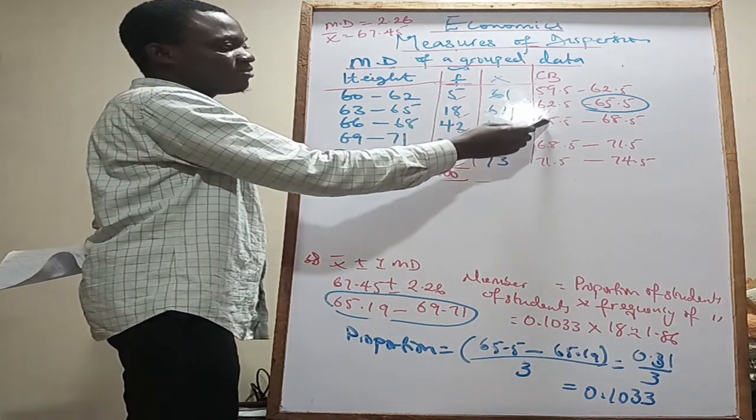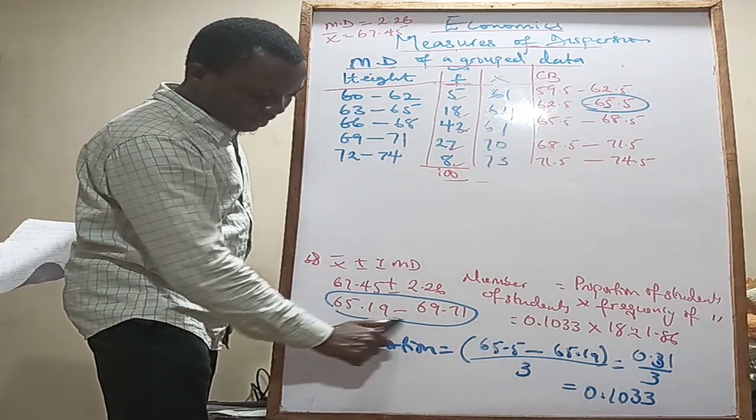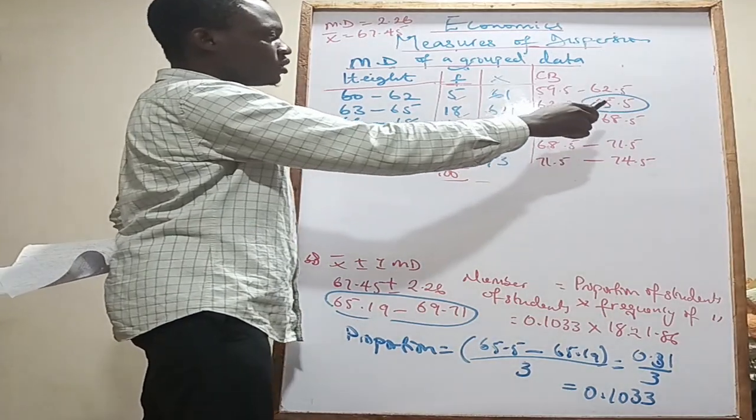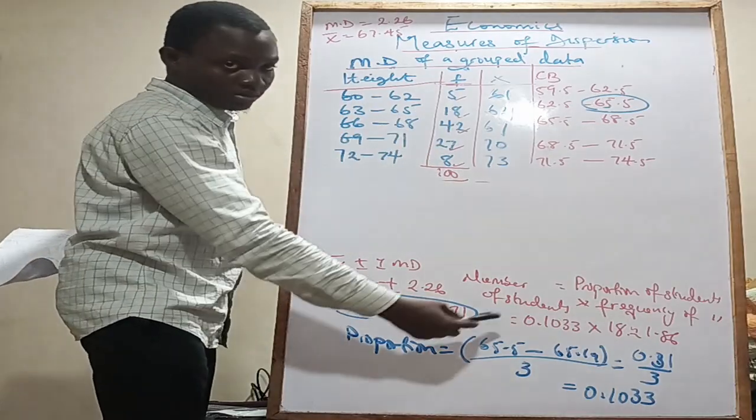That's why we have to look for proportion. But if you come here, 65.5 to 68.5, both of them are still within 65.19 to 69.71. So all the students here also fall within this range.